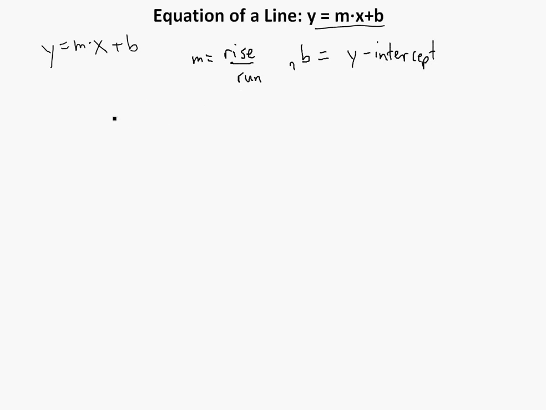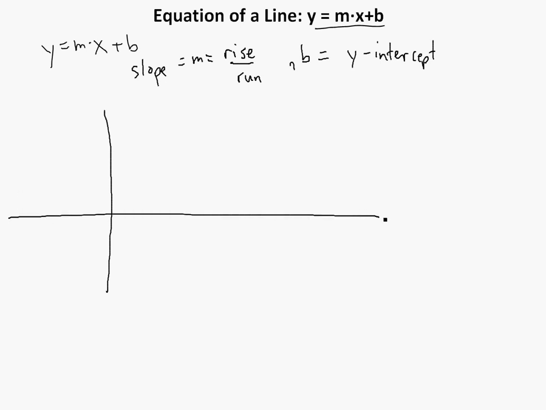So let's say we have a line. A line is basically defined by this, meaning the slope is constant. Let's draw this. This is x, this is y. Let's say we have a line like this, and this y-intercept is 2.